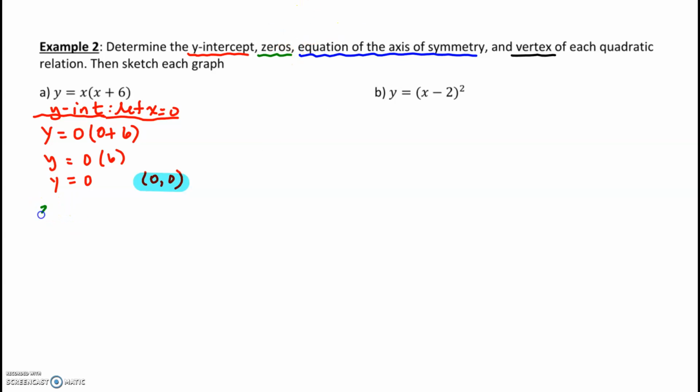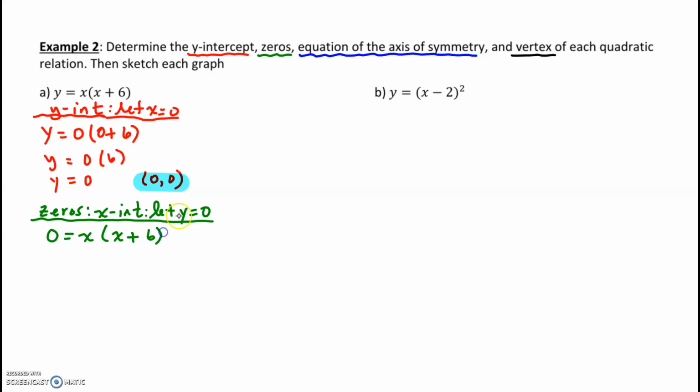So for our zeros, we have a similar title. Zeros, remember, is the same thing as the x-intercept, and we have to let y equal 0. Let's sub in 0 for y. So it'll be 0 at the front of the equation, and that's x times x plus 6.